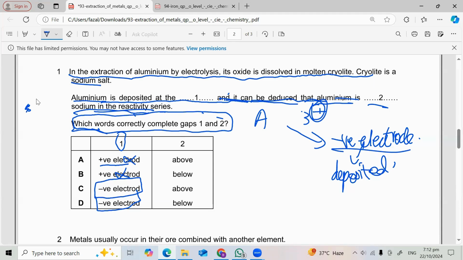If we see, first is sodium, then potassium, then magnesium, then aluminium. So we can see that aluminium is lower than Na. We can say that it's below Na. So answer D can be the correct answer.